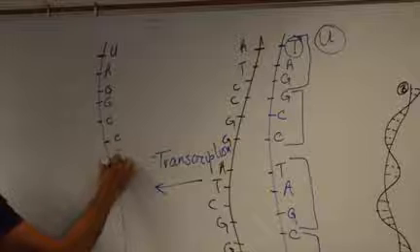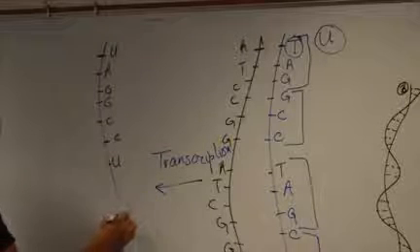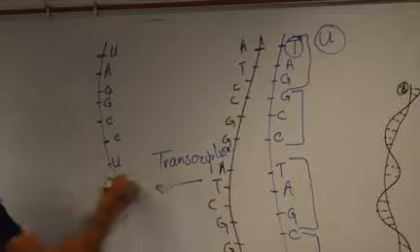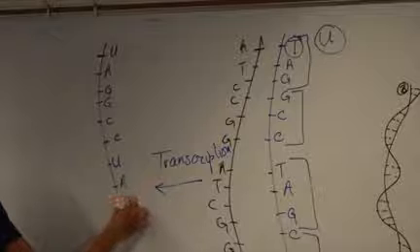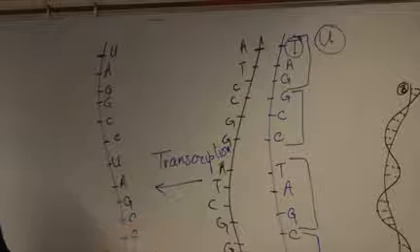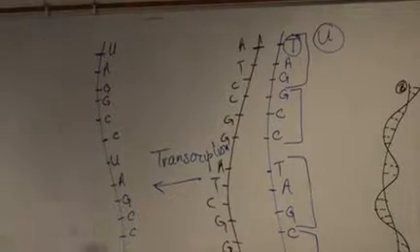No, you have U, uracil instead. Then T will be paired with adenine, guanine, cytosine, and another guanine. This is my messenger RNA. Those are the codes that I would have on the messenger RNA.